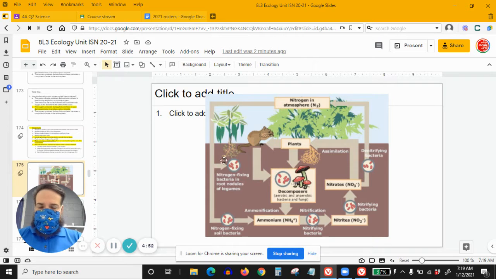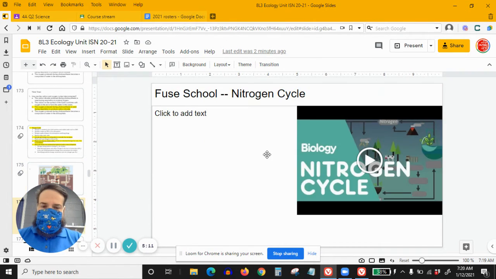Okay, so nitrogen fixing bacteria, nitrogen fixing soil bacteria, both of these produce compounds that the plants can use. And then denitrifying bacteria over here on the right hand side, they will change it into atmospheric nitrogen.